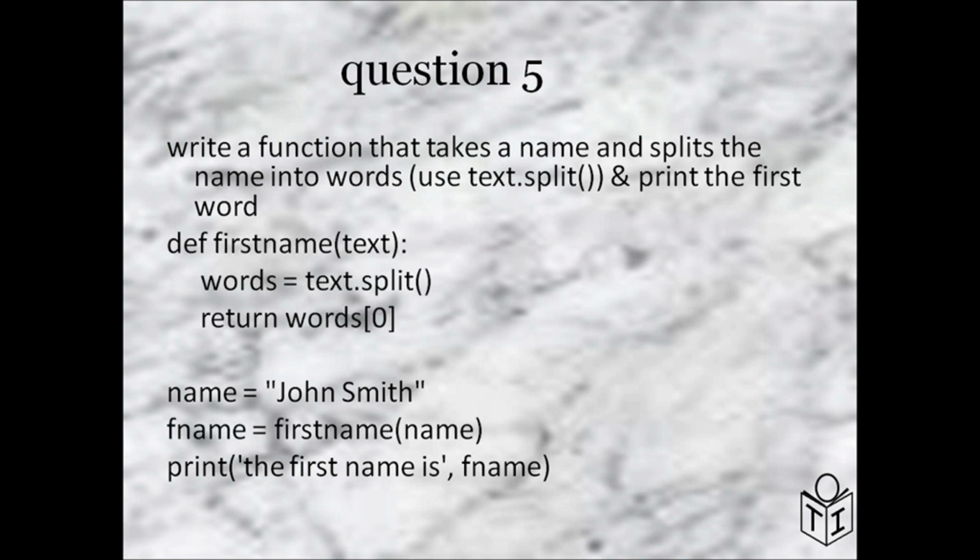So we define the function first_name. We're going to receive the name string. We're just going to call it text, and when we use the split function, that creates a list, and we're going to call this list words. You could return this list words.